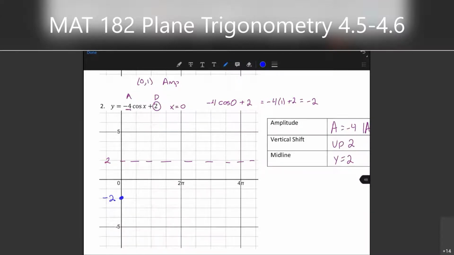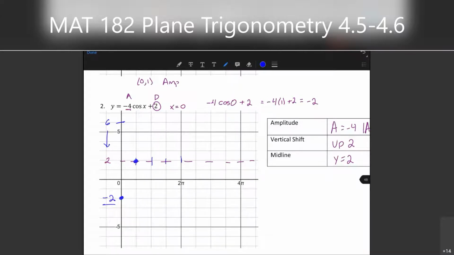So here our graph is going to go from -2 to 6, which happens to be 4 units above the midline. So our cosine starts at the -2 in this graph, and then we'll do our cosine shape, dividing that into fourths from 0 to 2 pi.